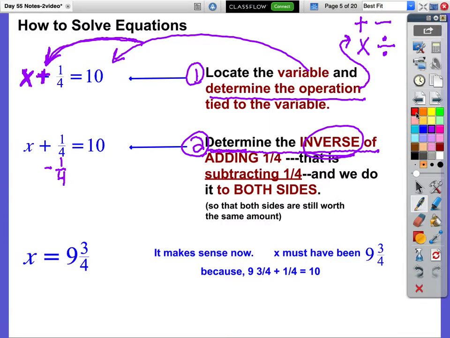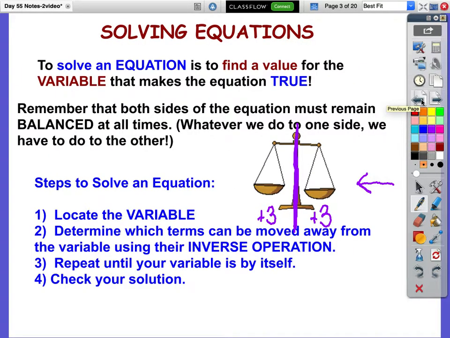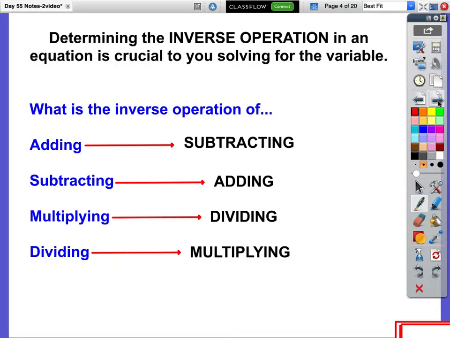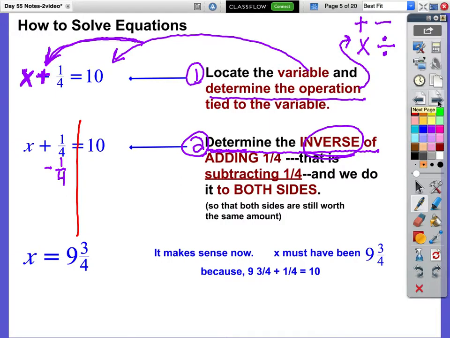Now remember, let me go back a screen, when we were talking about our balance scales, our scales have to stay balanced on their equal sign. That's their little reference point. That's their center point. So if I subtracted 1/4 from the left side of my equation, I need to subtract 1/4 from the right side of my equation.